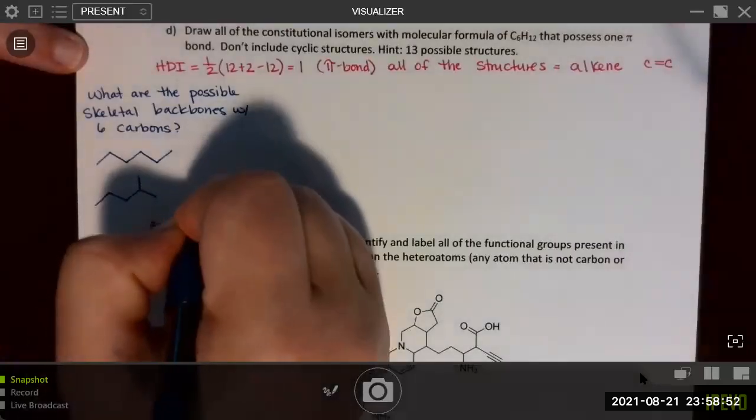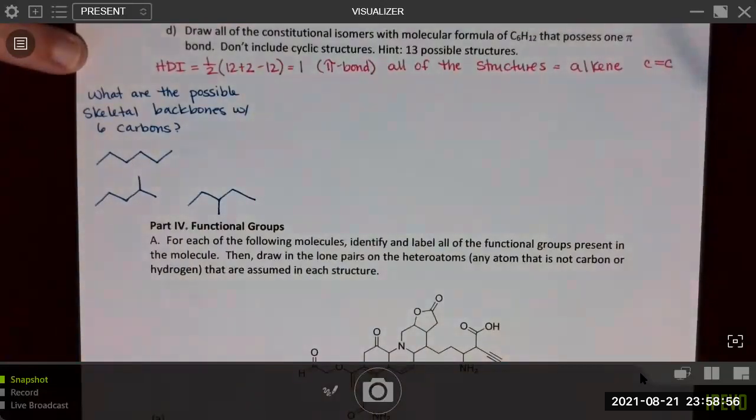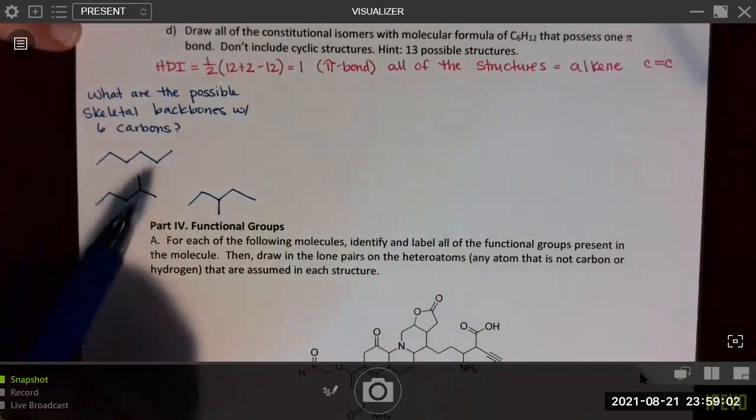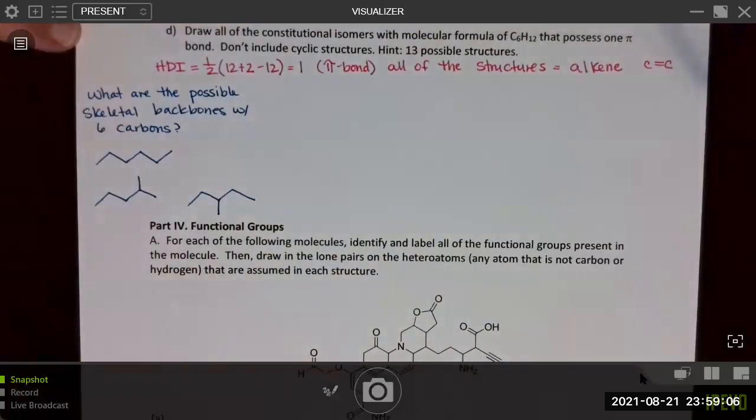Okay, so here's another one, 5 carbons. So that's a different skeletal backbone in this one. If I was to take that methyl and put it here, then that's just the same thing as this flipped over. So I don't want to do that. So that's 5 carbons in a row with some branching.